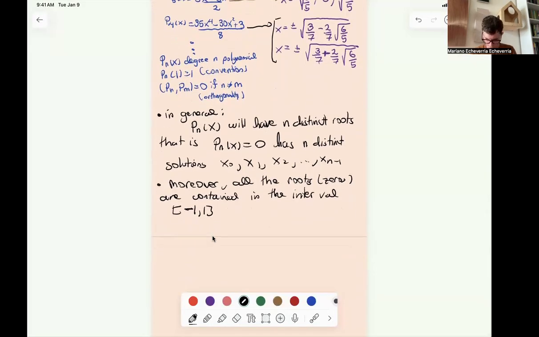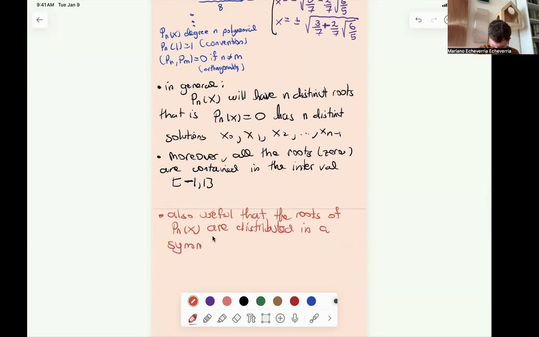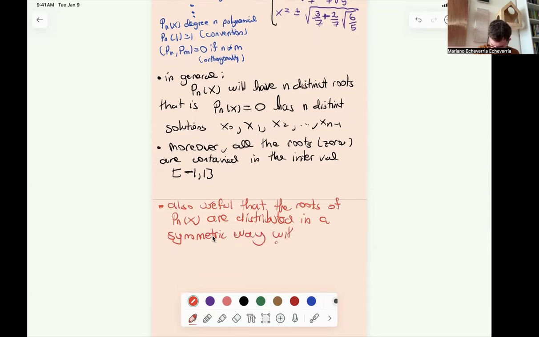Also useful: the roots of the Legendre polynomial are distributed in a symmetric way with respect to the origin.